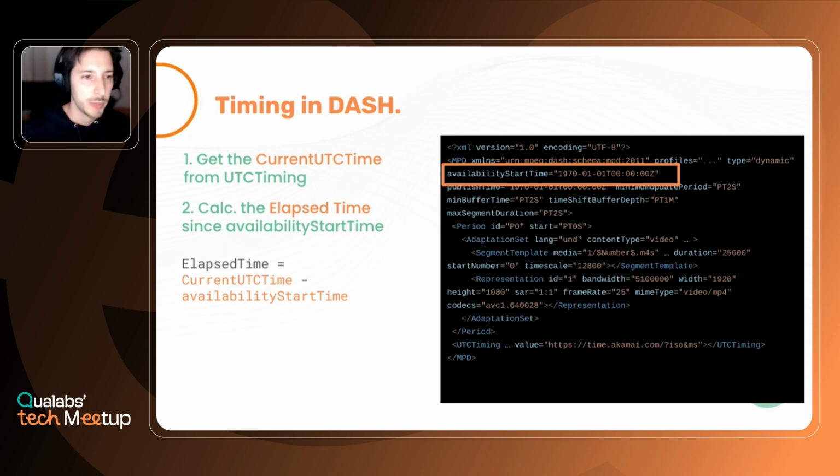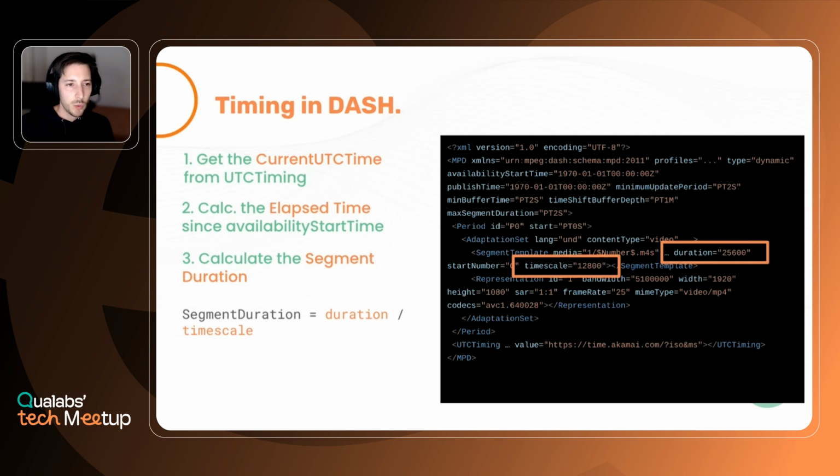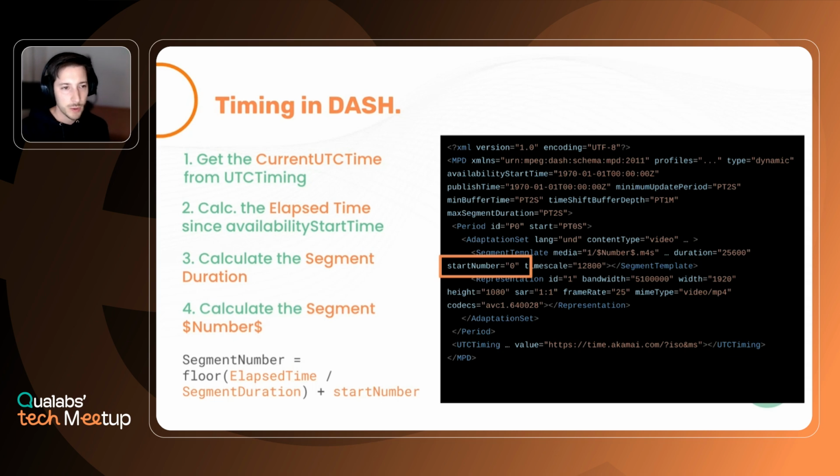So for example, here it will be the UTC current time minus the availability start time. And then we need to calculate the segment duration. In this example, we have duration and timescale, and we just need to divide those values. And at last, we need to calculate the segment number using this formula, that is the floor of the elapsed time divided by the segment duration, plus the start number we have there.